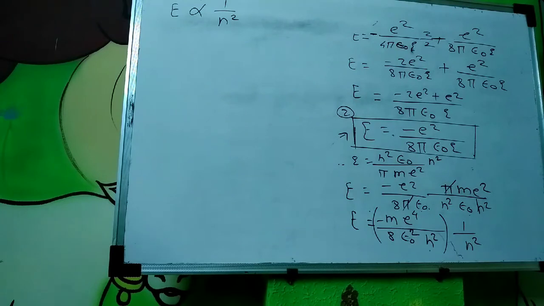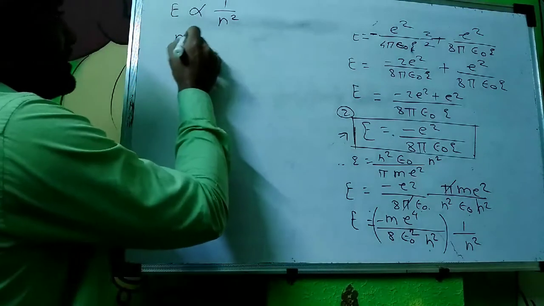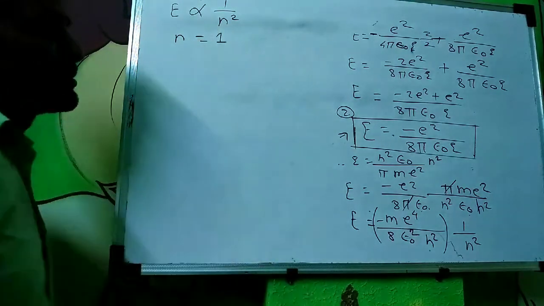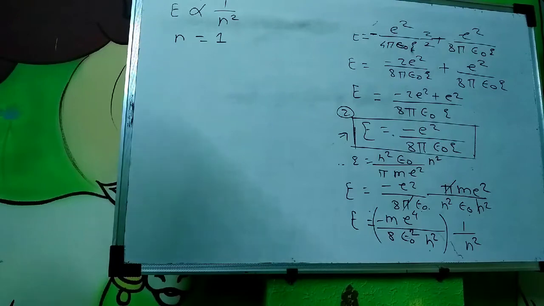So as we go away from the nucleus, the energy of the electron in the orbit goes on decreasing because they are inversely proportional to each other. Now here n is the principal quantum number which gives the number of the orbit. If we put the value of n equal to 1 for the first orbit, how can we write the equation?